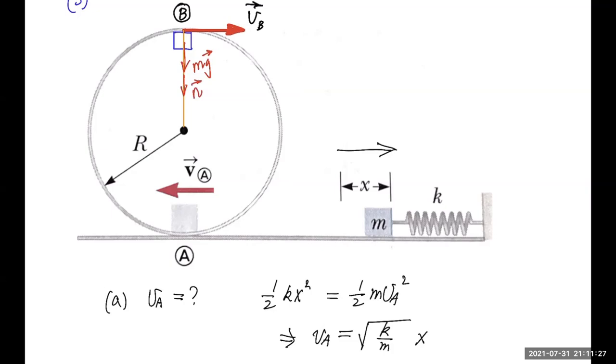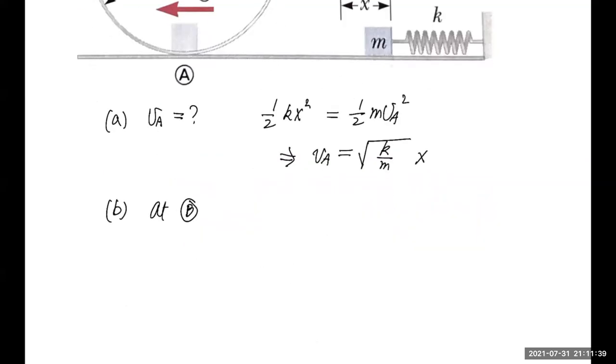And guess what? Both of these forces, mg and N, at this moment, happen to point from point B to the center of the circle, point O. Therefore, it's the sum of mg and N that equals the centripetal force. So you can write down mg plus N, the sum, equals what? m times centripetal acceleration, which is m VB squared over R.